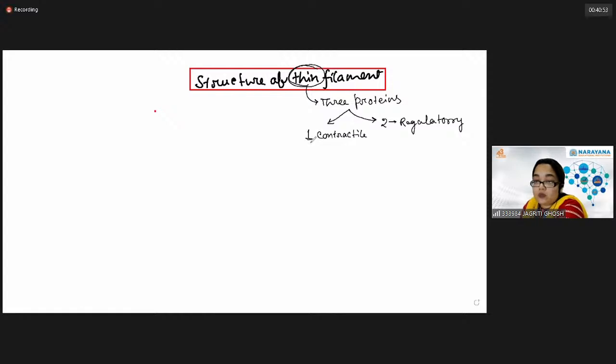What is this one protein? It is actin protein. And these 2 proteins are troponin and tropomyosin.